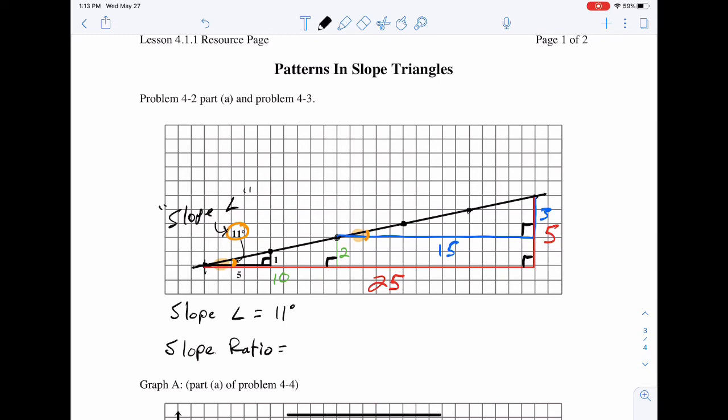Again, the slope ratio is change in y over the change in x, or rise over run. Hit pause, try and find that, and then hit play.